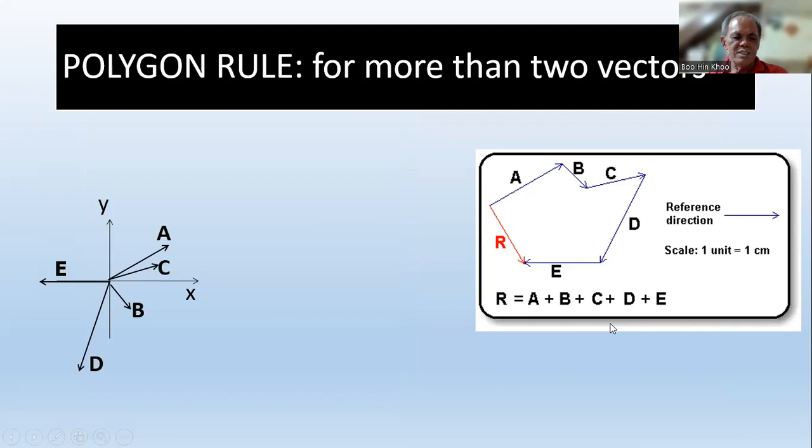We can use the polygon rule to find the resultant. You can add in any order you want to. That's your A, same length. These two must be the same length. Then B, C, that's your C. Then D, E, so that's your resultant.